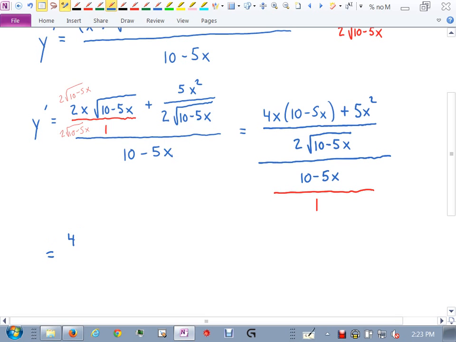So we should have 40x, that's 4x times 10, minus 20x squared plus 5x squared over 2 root 10 minus 5x times 10 minus 5x.